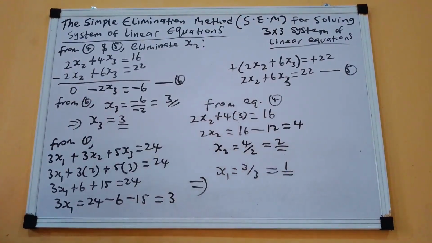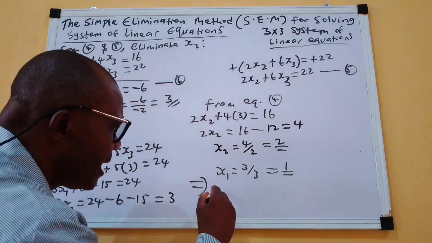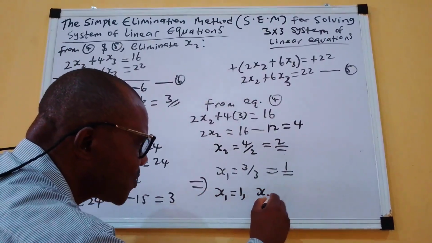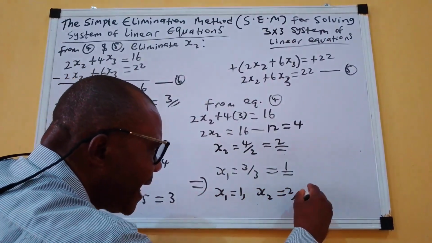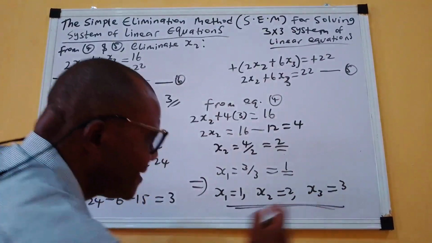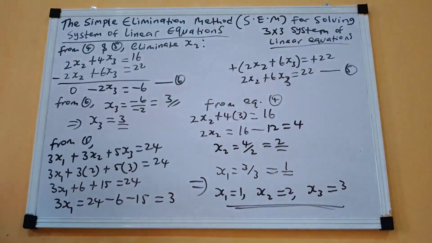So it simply means that by conclusion, our x1 is equal to 1, our x2 is equal to 2, and our x3 is equal to 3. That is the end of the solution. So you can see that we have now arrived at the same answer as with the Gaussian elimination method.